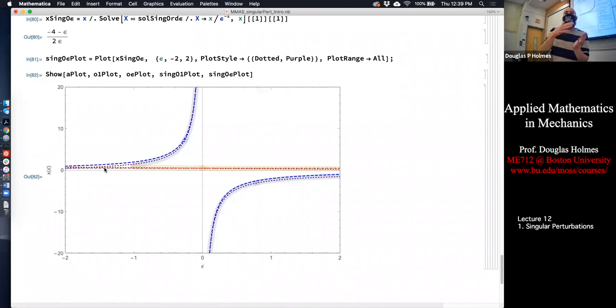And we're going to be matching these asymptotic expansions. Here we have what looks like one solution and a second solution, but in reality, this should just be one solution that is matched together. And that will take us some time to figure out how to do, but that's what we'll end up doing next.